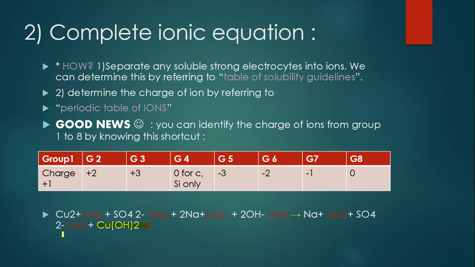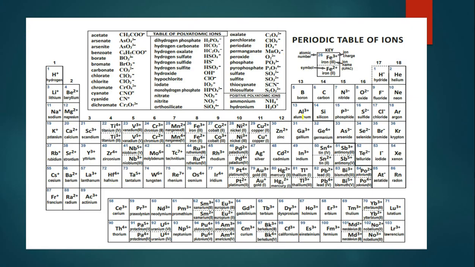The second thing we have to deal with, other than separating the ions, which I've done, is to write down the charges. To do that, we can easily refer to the periodic table of ions, which I have attached here as well, representing the charges of all the ions in the periodic table. Very simple.